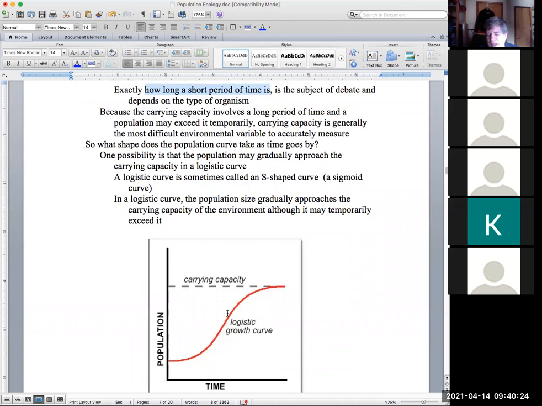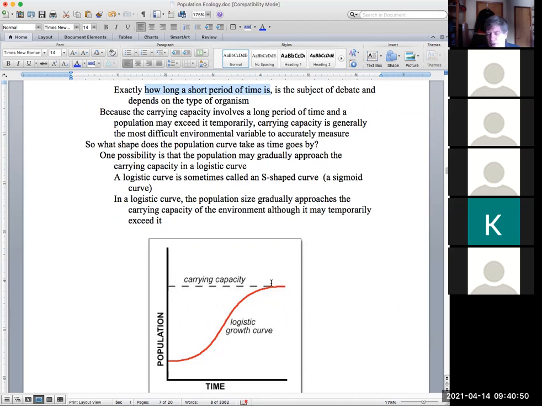Notice the left half of this red curve is very similar to that exponential growth curve that we looked at a while ago. It's basically J-shaped. But in mathematics, there's something towards the middle of this upward region called an inflection point. And in this curve, the growth rate begins to slow down.